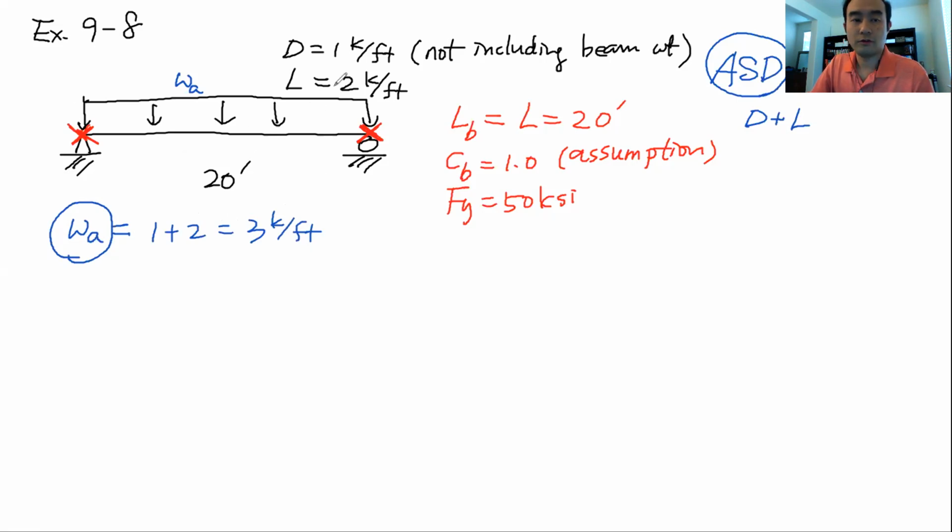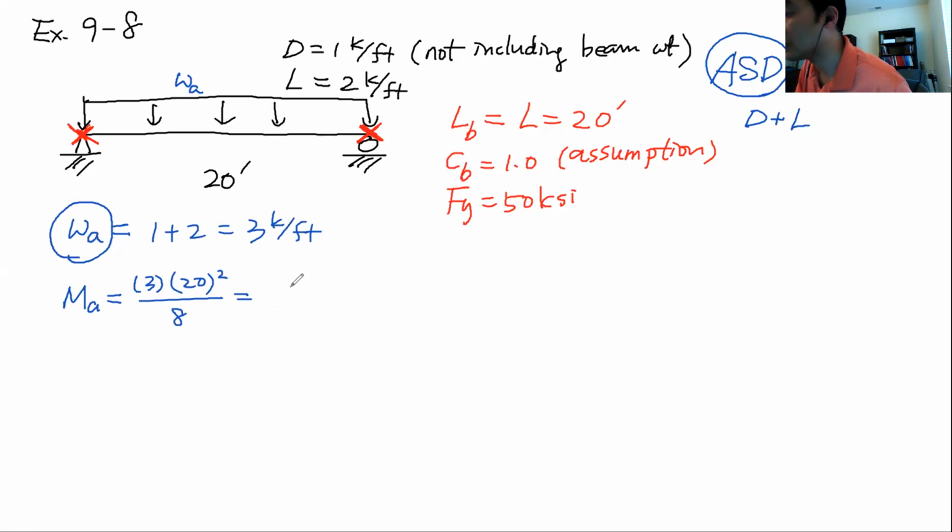And under the uniformly distributed load, in my previous video, I explained how we can calculate the maximum moment. That is going to be wL squared over 8. So w is going to be 3, L squared is 20 squared, over 8. Then it is going to be in feet units. When I calculated, I got 150 kip-feet of moment.